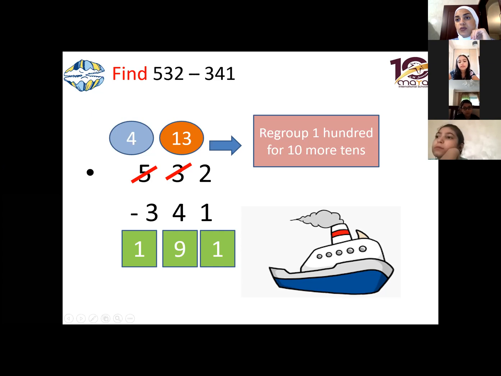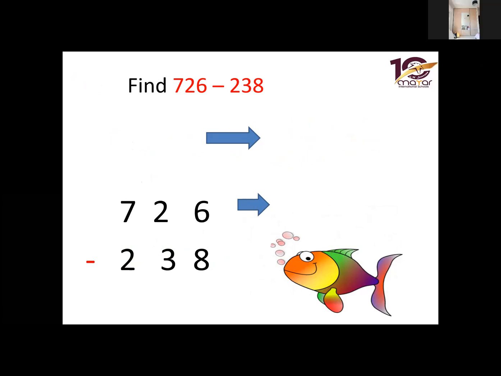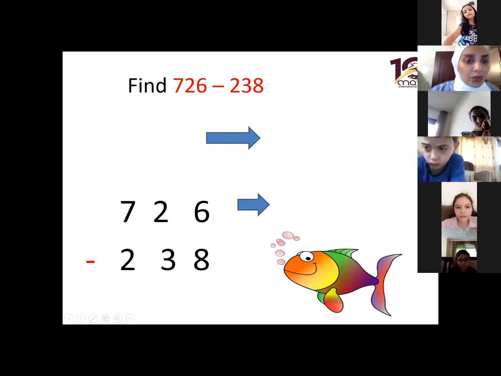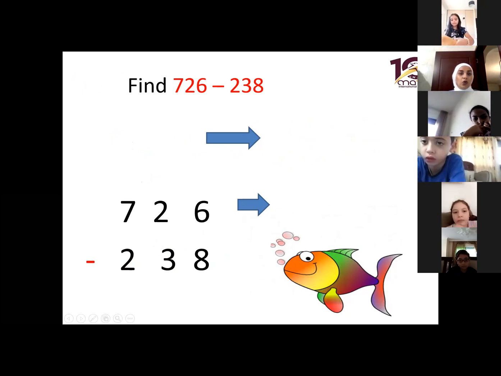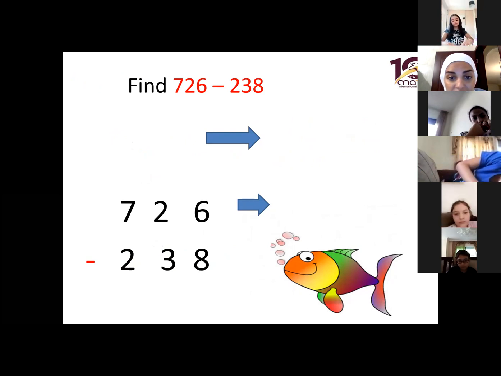Before we answer this example, I want you to stay with me, everyone. Whenever we have to add or to subtract, we start with the ones. Where do we start from?